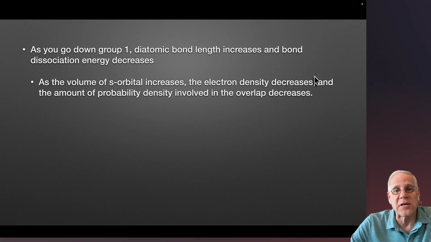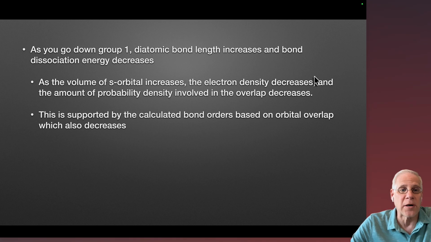If you think about electron density, it's still just one electron in each of those atomic orbitals, or 2 electrons in each of the molecular orbitals. And so those 2 electrons have to fill more and more volume, and so you get less and less electron density. If you look just from a molecular orbital standpoint, you have a much lower probability density involved in the overlap, and so you don't get as strong a bond.